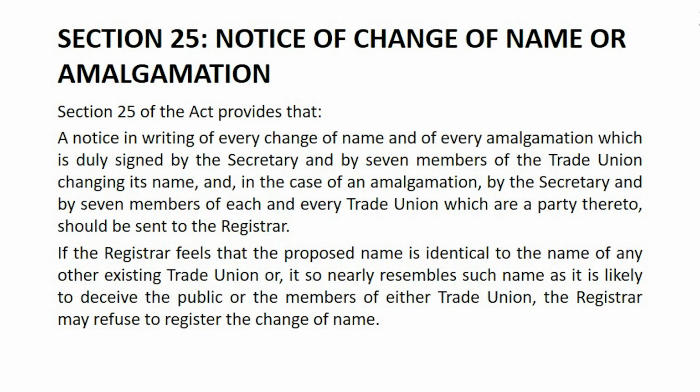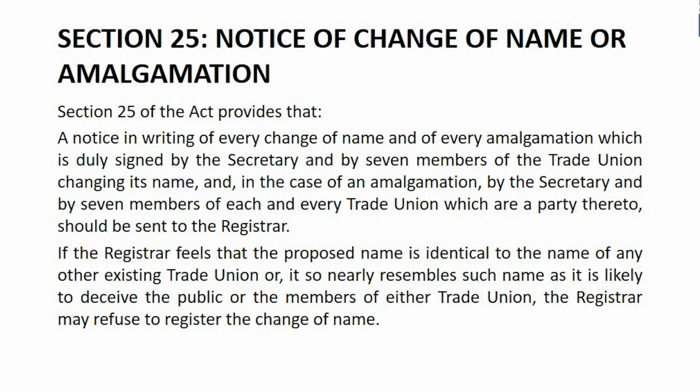Notice of the change of name or of the amalgamation: if they want to change the name of the trade union or go for the amalgamation, they can follow this practice. It is clearly mentioned in section 29, which is very important, that they can change the name and amalgamate, but the notice has to be duly signed by the secretary and seven members of the trade union.